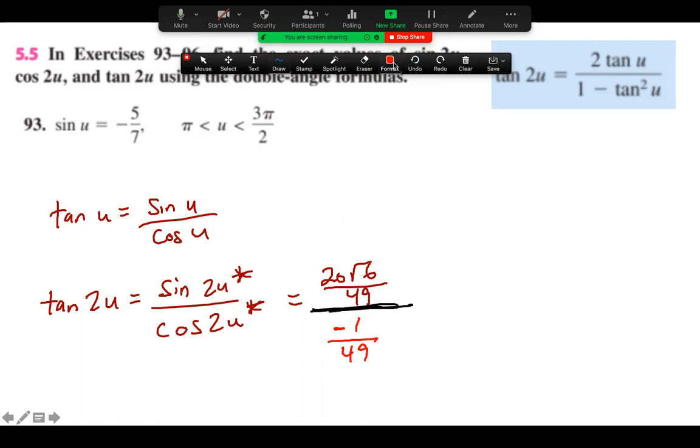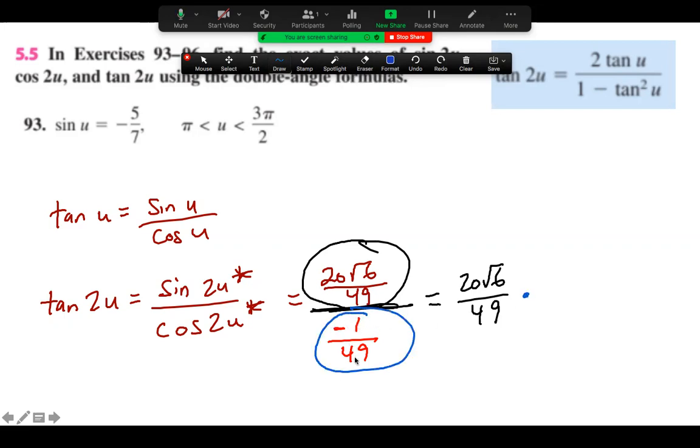Now, a lot of you like to call it keep, change, flip. So remember, dividing a fraction is the same as multiplying by the reciprocal. So you leave the numerator alone. So that's 20√6 over 49. And instead of dividing, we're going to multiply by the reciprocal, or the flip, of negative 1 over 49, which would be 49 over negative 1.